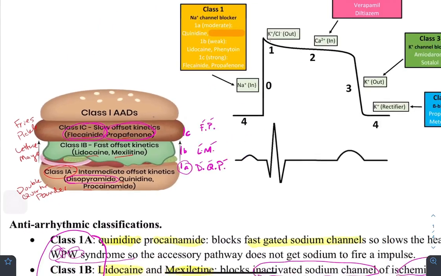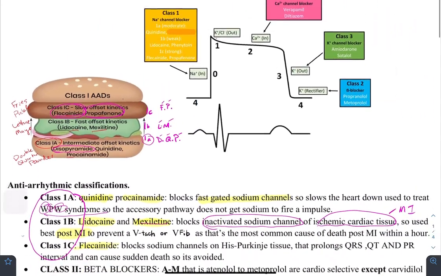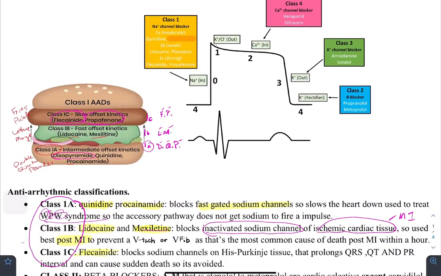So there you have it. Hopefully this helps you remember some of the drugs for the class 1 sodium channel blockers. 1C, flecainide, propafenone. Those are the potent or the strongest ones. Dangerous to use because they block the His-Purkinje tissues.